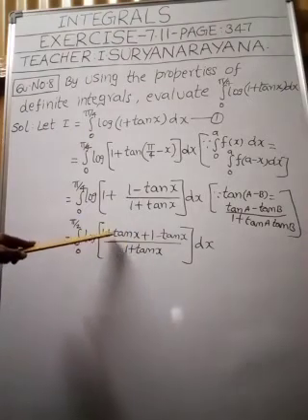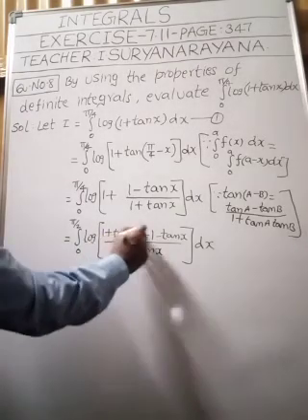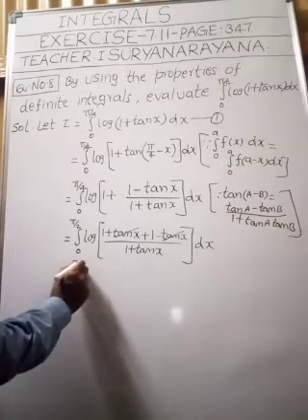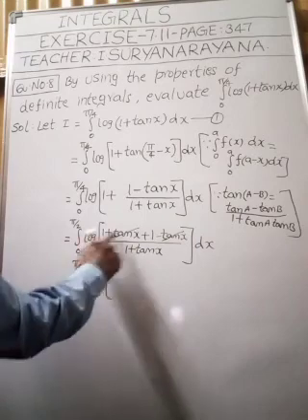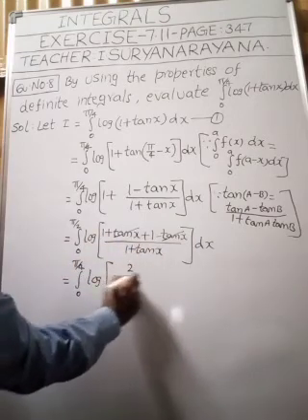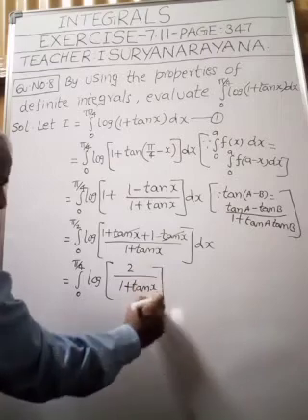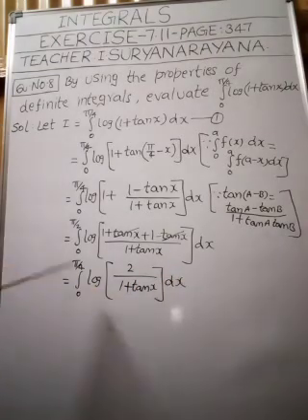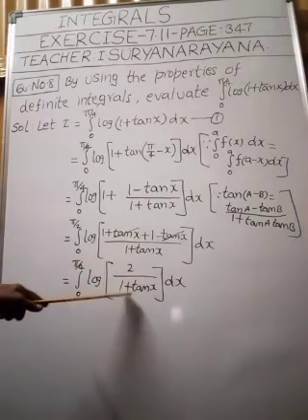In the numerator, we get 1 plus tan x plus 1 minus tan x. Understood this step, my children? Right. Here plus tan x minus tan x gets cancelled. Integral 0 to pi by 4 log of 1 plus 1. What you get? 2 by 1 plus tan x dx. Understood this step, my children? In the numerator, we get 1 plus 1, 2 by, we wrote the denominator as it is.